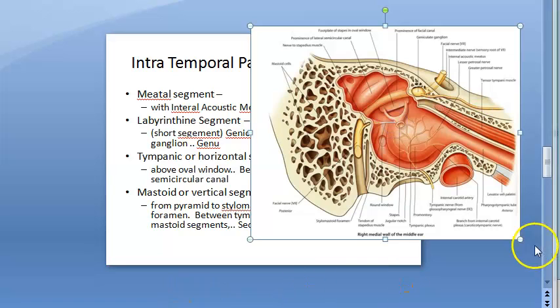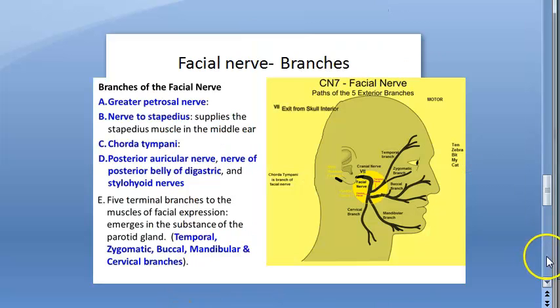Then what else you have? As terminal branches. You have the chorda tympani nerve, which you saw supplies the anterior 2/3 of the tongue. Right? Then you have the stylohyoid nerve, a nerve to the posterior belly of digastric, posterior auricular nerve. So all these nerves are going to be there, right? Then you have these 5 branches: temporal, zygomatic, buccal, mandibular and cervical.